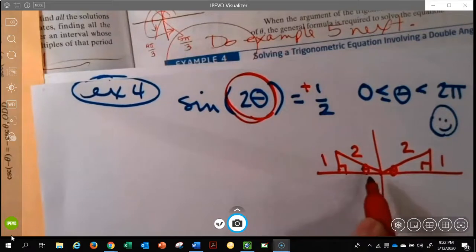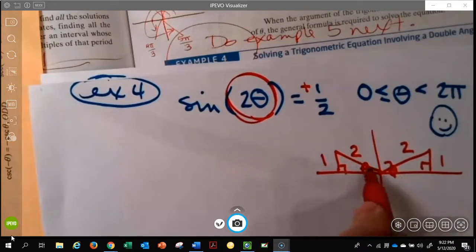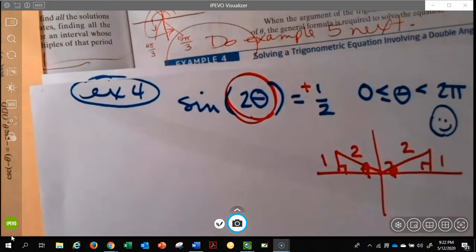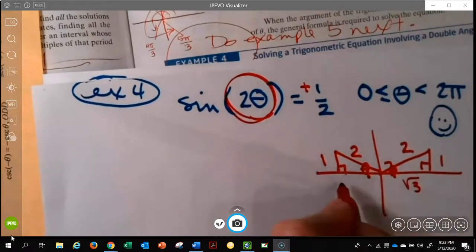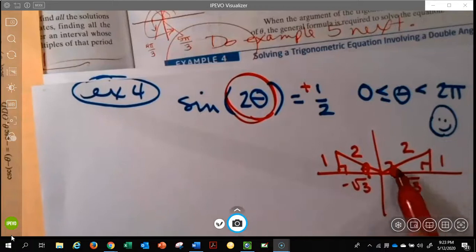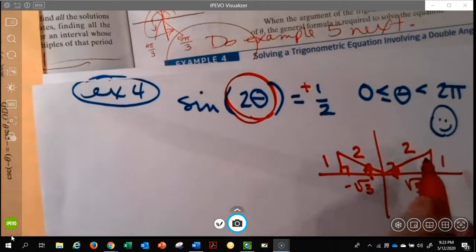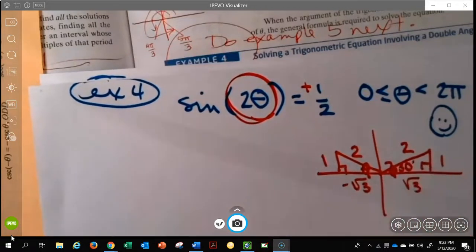If I'm looking for a theta, or maybe better if I just put a question mark, whose sine is 1/2. So when I'm looking for whose sine is 1/2, I need to note very quickly in my mind that when I'm looking at this type of triangle, I'm looking at a 30-degree angle.